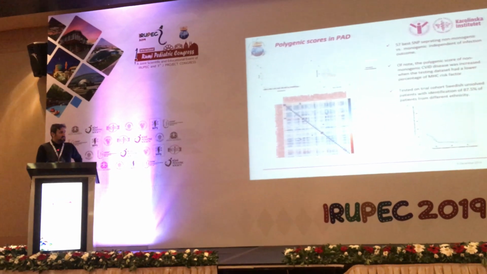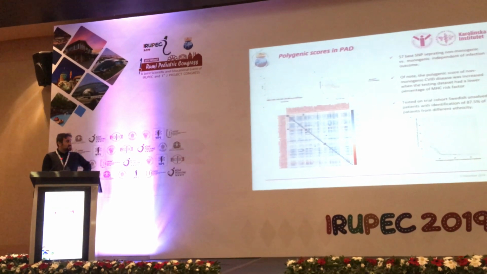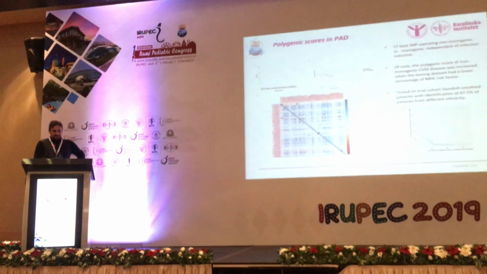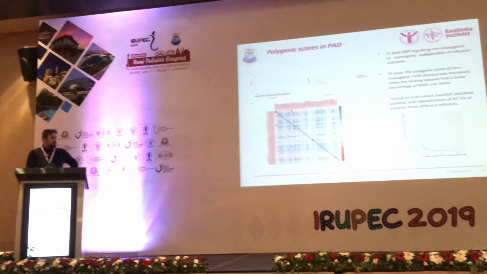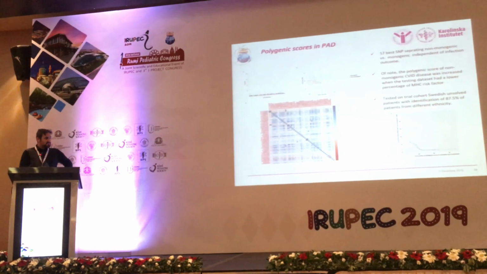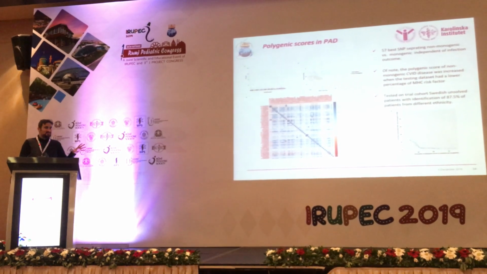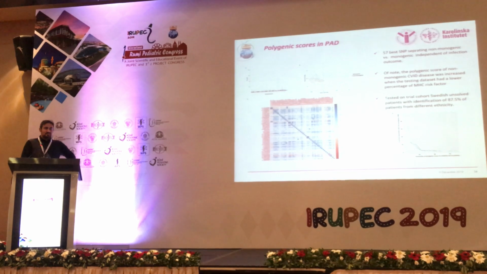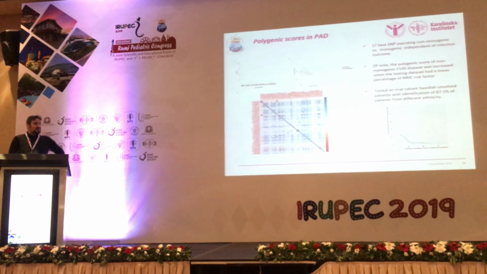With those SNPs, we found the 57 best significant SNPs, which can very nicely separate the monogenic from the non-monogenic populations. Nicely, we saw a completely different pattern when you have those HLA regions that are enriched in the non-monogenic patients. They have a low polygenic score, which means these SNPs are less present.